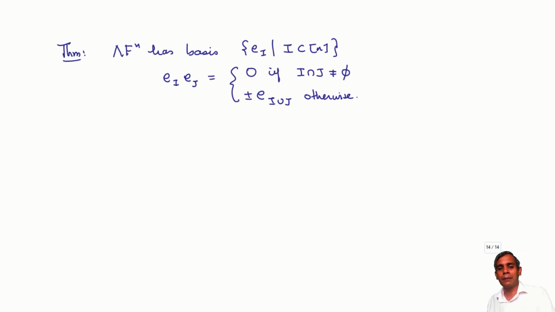You have to see how many times you have to switch successive terms. So that's the algebra, the exterior algebra, also known as the Grassmann algebra.